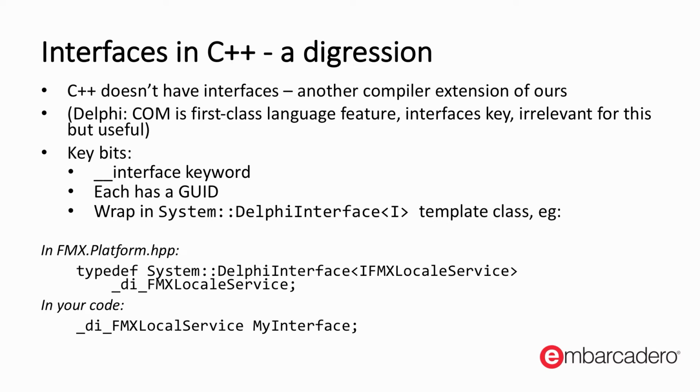The _di part is the typical way to name a Delphi interface templated type which wraps an interface, and you can see the definition on screen. You can do this yourself if you define your own interfaces. This is just background to explain using reference-counted COM-style interfaces from C++, because FireMonkey's platform services are defined using interfaces.